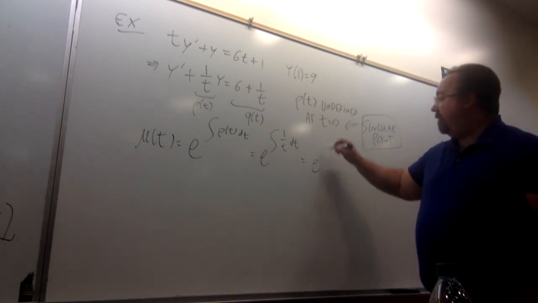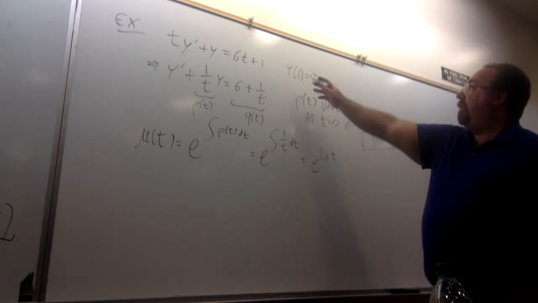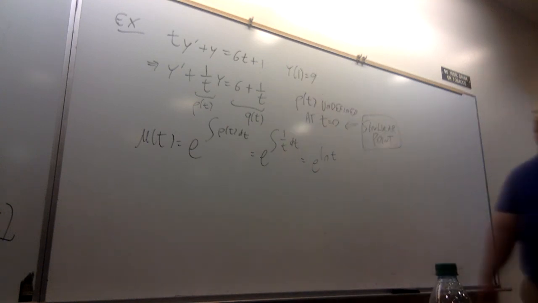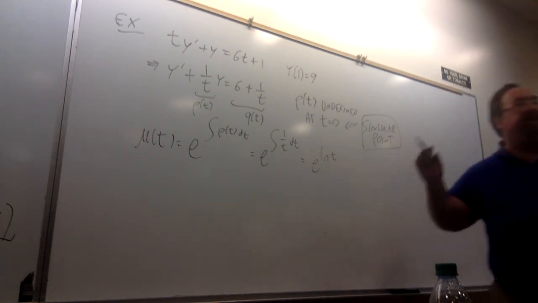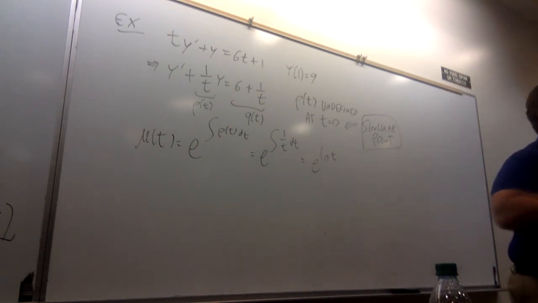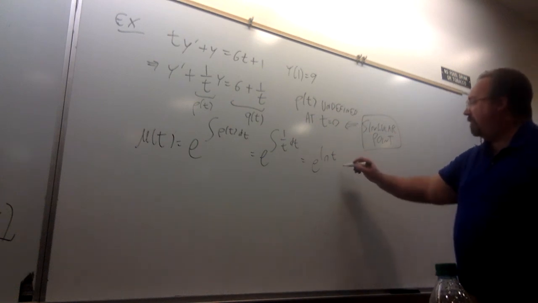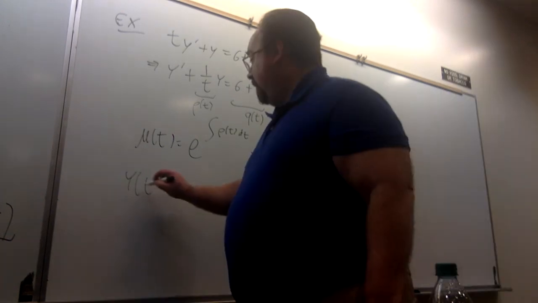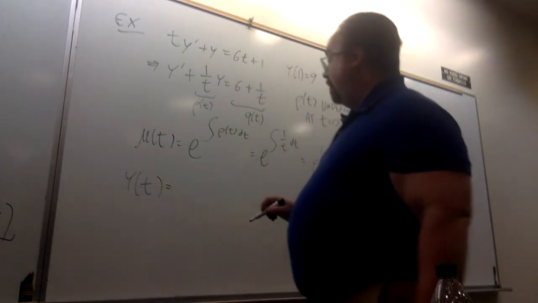And our initial time is positive, y equals 1. T equals 0 is a singular point, so we're dealing with the right half of the number line, t being positive. So the factor is just going to be t, like it was 2 examples ago. So now, the solution formula.